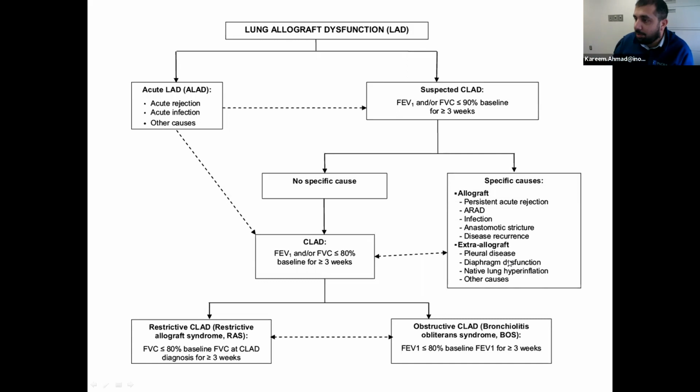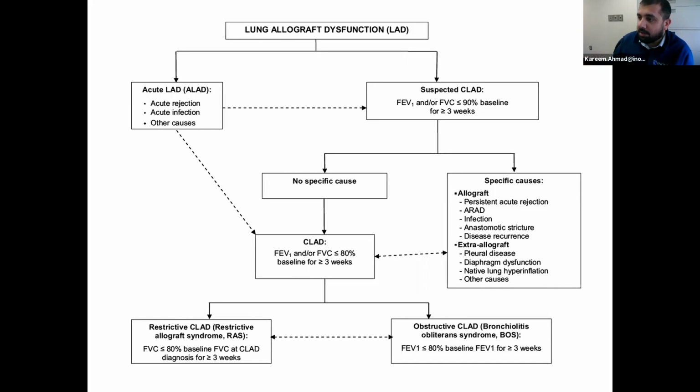Yes, infections, whether viral, bacterial or fungal, and then you want to look at anatomic variation. Did the anastomosis stricture over time? It was nice and patent early on after the lung transplant, but over time it scarred up and narrowed. And so now you have an obstructive form of lung disease, not because there's something wrong with the parenchyma, but because something is wrong with the large airway.